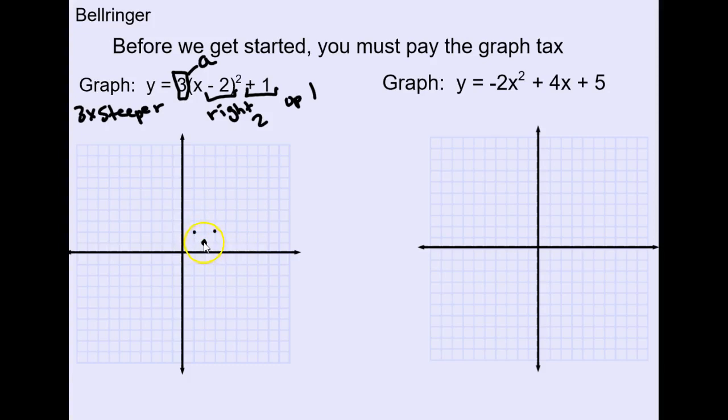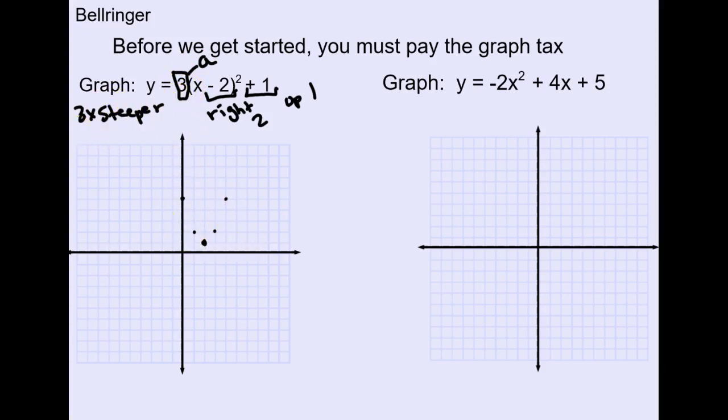Then it would go back to the vertex. We would go right 2, up 4, because 2 squared is 4. And then it would go back to the vertex, left 2, up 4, because -2 squared is also 4. So that's what our equation would look like if there was no 3 there.